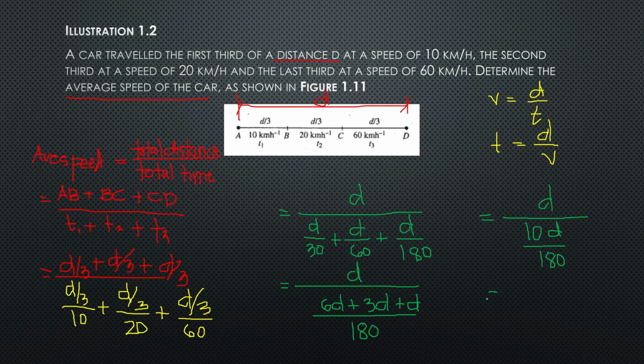So now the average speed will be equal to D all over 10D over 180, that is 180D all over 10D. So D will be eliminated. 180 divided by 10 becomes 18 kilometers per hour.